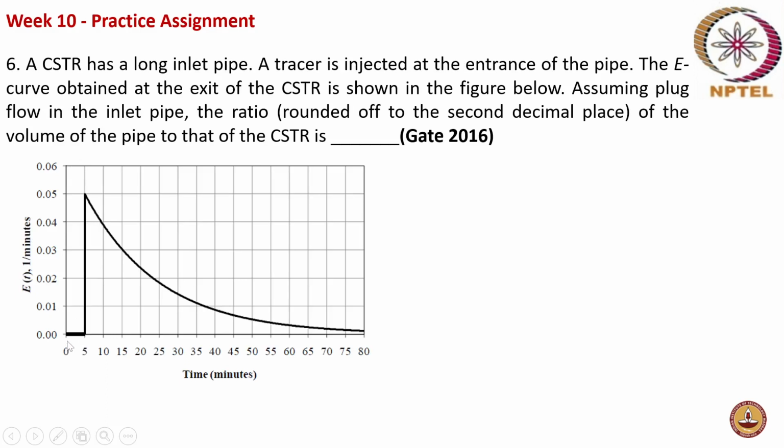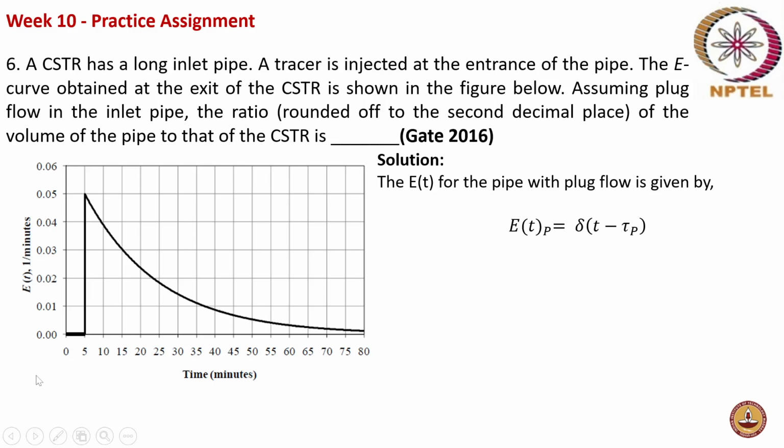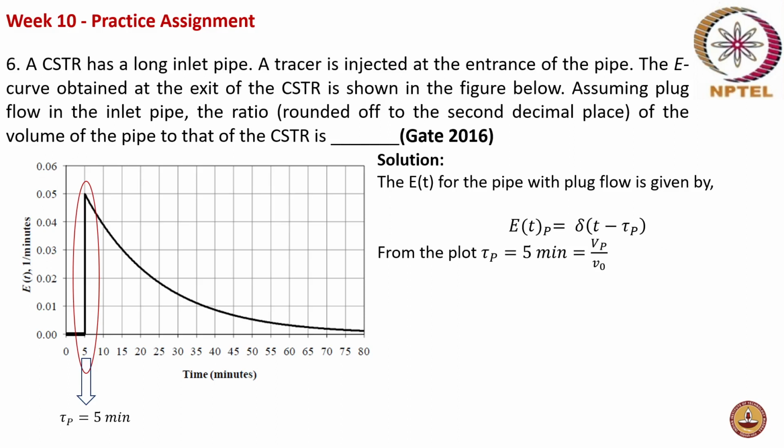From 0 to 5 minutes it is 0, and then a spike at 5 minutes. That means this is the E curve for the pipe with tau p equal to 5 minutes. So from the plot we can find that tau p is 5 minutes, where tau p is the volume of the pipe divided by the volumetric flow rate v naught.